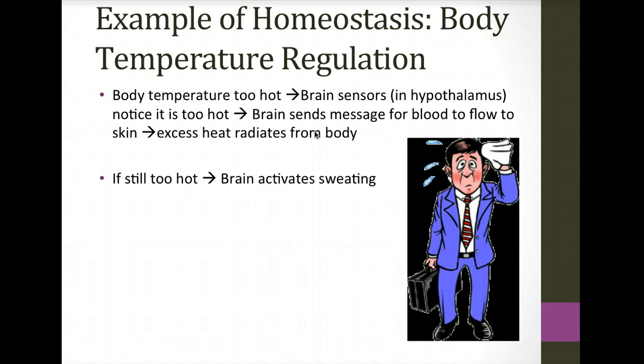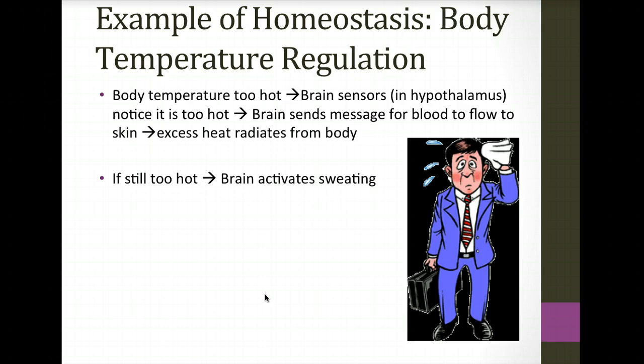Some good examples for homeostasis or keeping your internal conditions balanced is when you get hot. So if you look at this little flow chart, when you get hot, what essentially happens is your brain triggers to tell your body that it's too hot, and that's going to send a message to your blood to flow closer to your skin or to flow a little bit faster, and then it's going to allow that heat to radiate from your body.